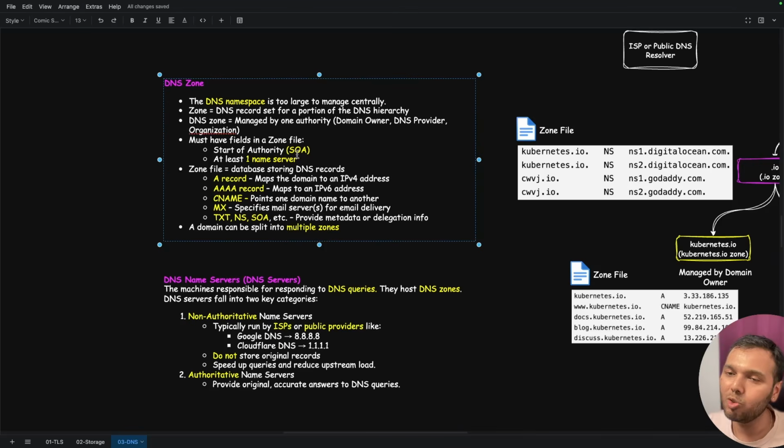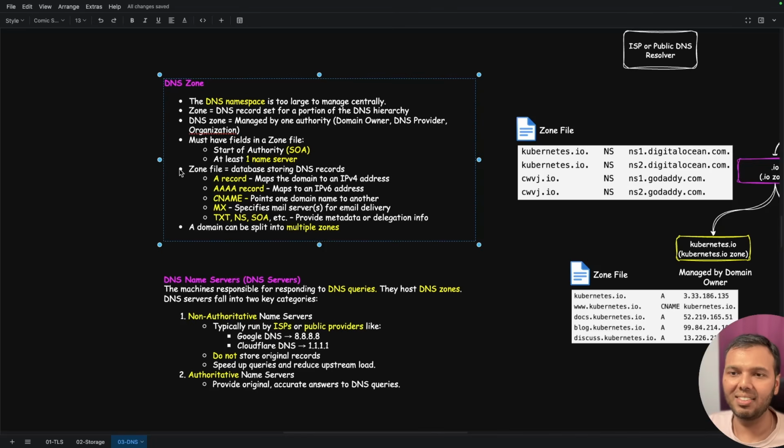So every zone has a zone file, and that zone file must have these two fields. The first is SOA, the start of authority record. This holds the information about the primary name server, the contact email, serial number, TTLs, refresh, retry, expire intervals, and so on.